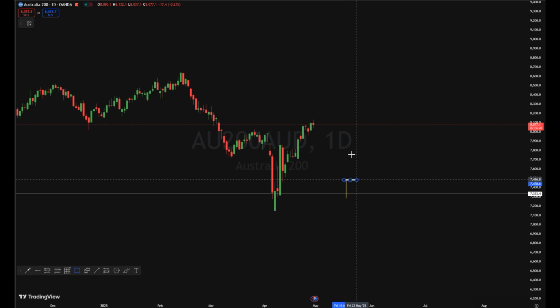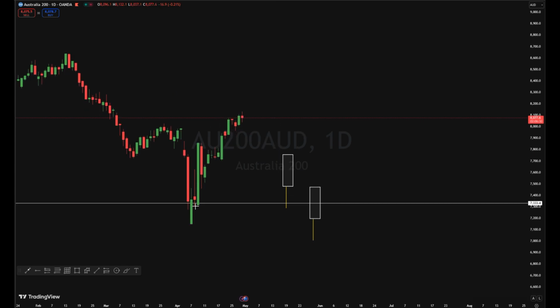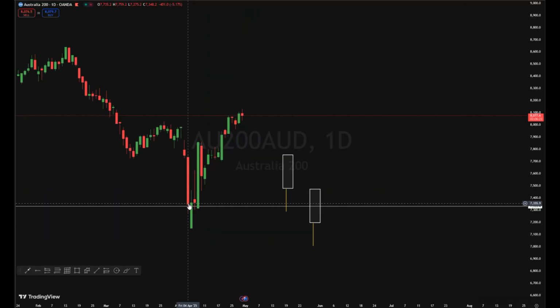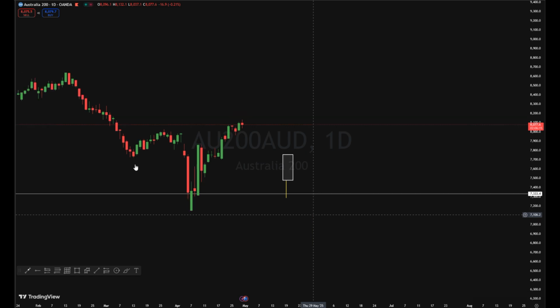There's a difference between this candlestick and this candlestick right here. As you can see, the red candlestick broke using a wick and closed above the hook point level, and then the other one broke the hook point with the body, not the wick but the body. That's the reason why we had this massive impulsive push, guys.